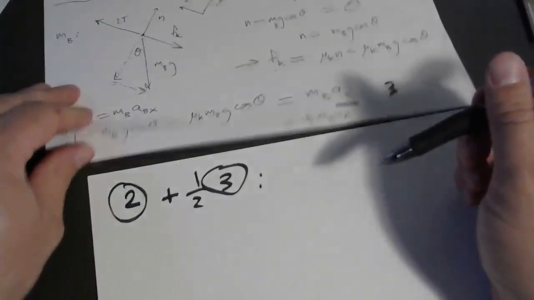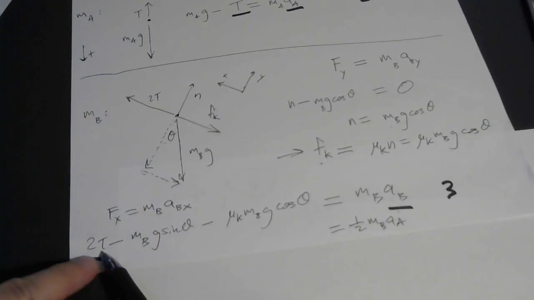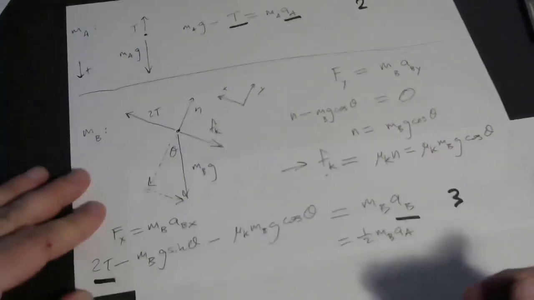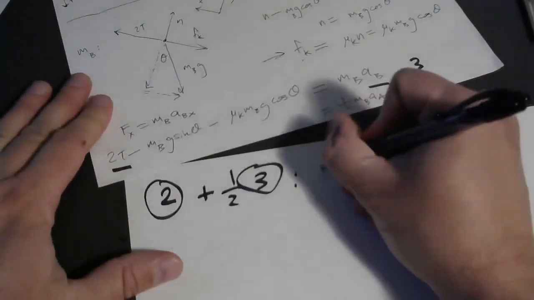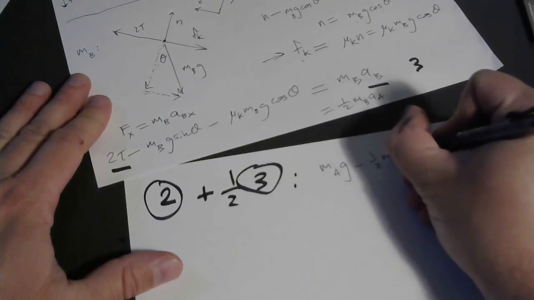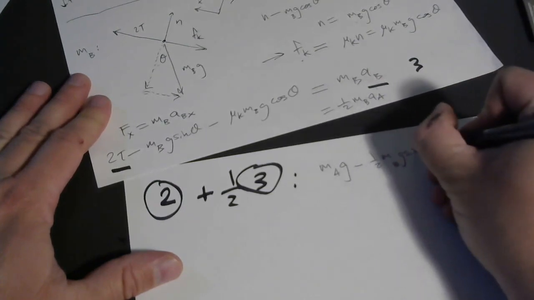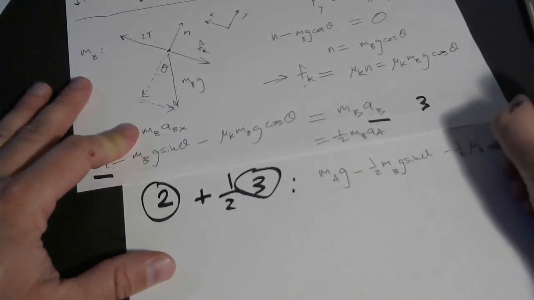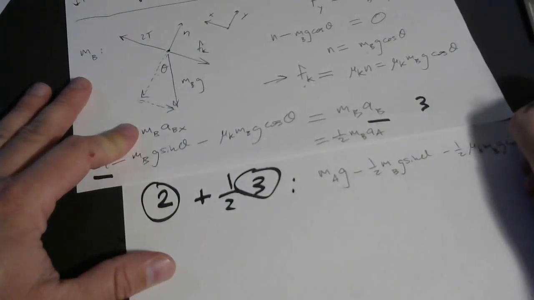Okay, when I add the left sides, remember this 2T turns into a 1/2 of 2T, which is just T. T plus negative T, that goes away. And I've got left over m_A g minus 1/2 m_B g sin theta. Don't forget the 1/2 mu m g cos theta.